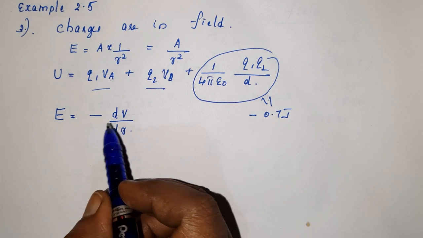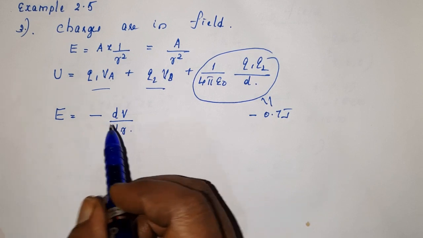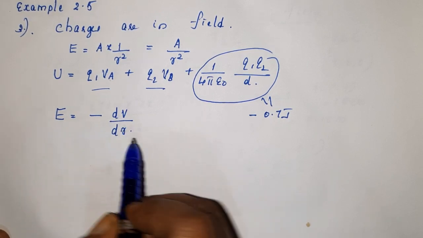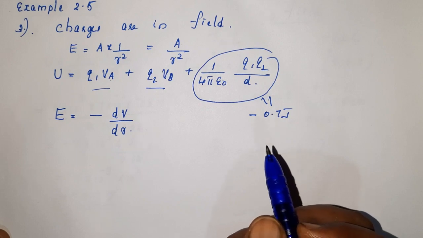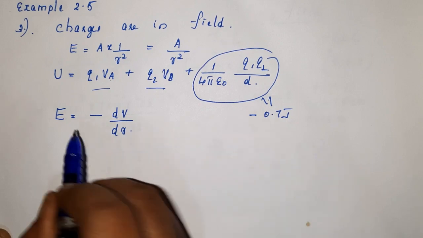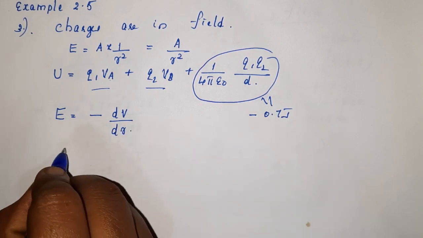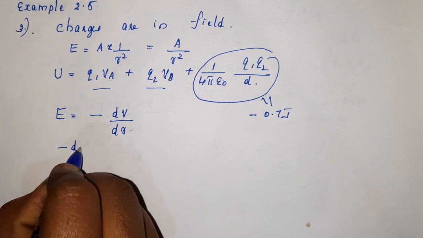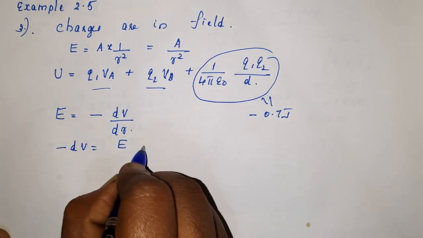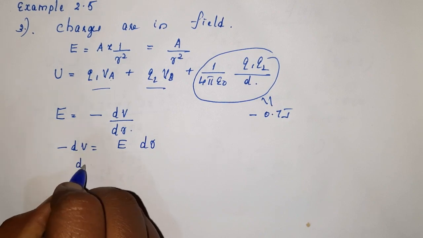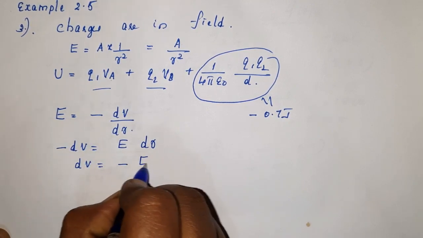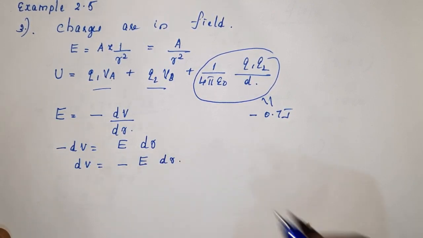That is the relation between electric field and potential. So E is equal to minus dV by dr. Just to rearrange the equation, minus dV is equal to E into dr, or dV is equal to minus E dr.